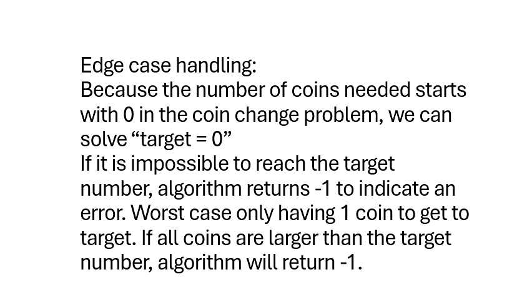Worst case is only having one coin to get the target. And the other impossible case would be if all coins are larger than the target. So if the target's 25 and the smallest coin I have is 50 cents or whatever, there'd be no path to get there, so it would return -1 for an error message.